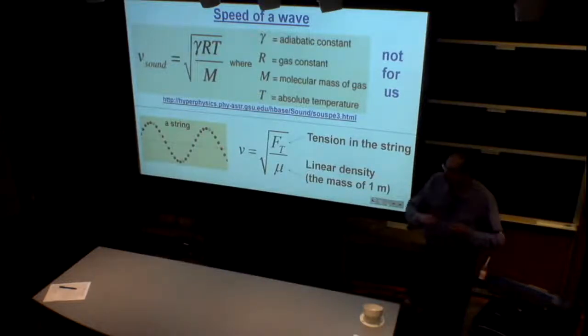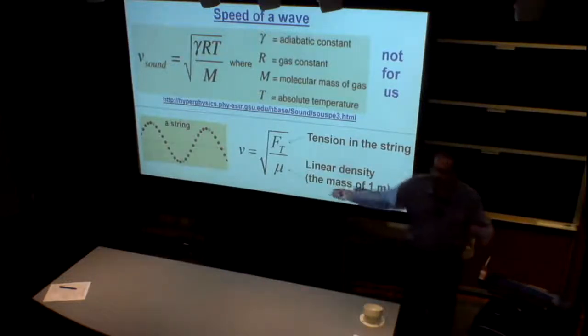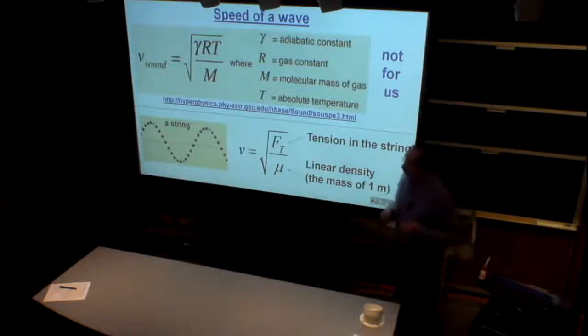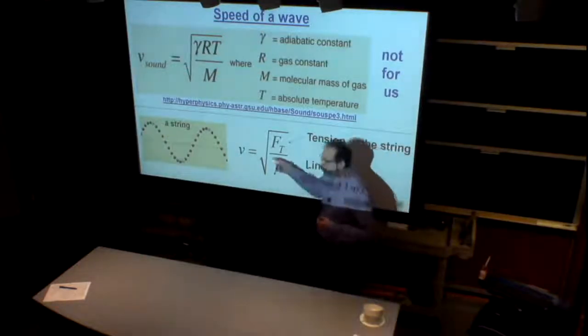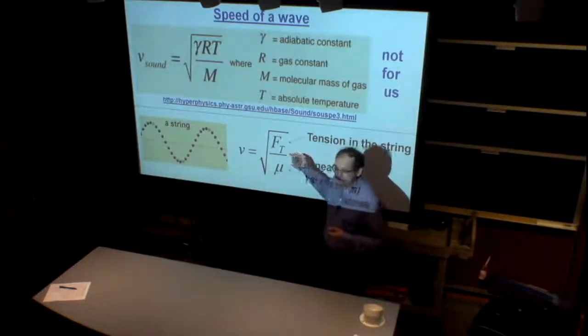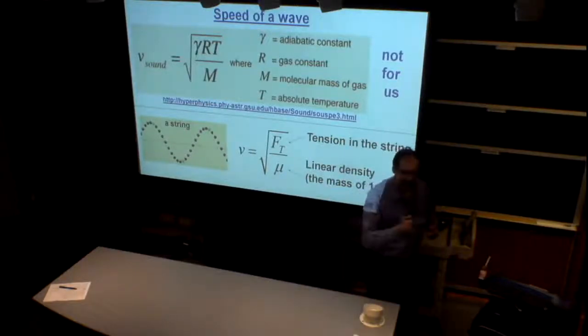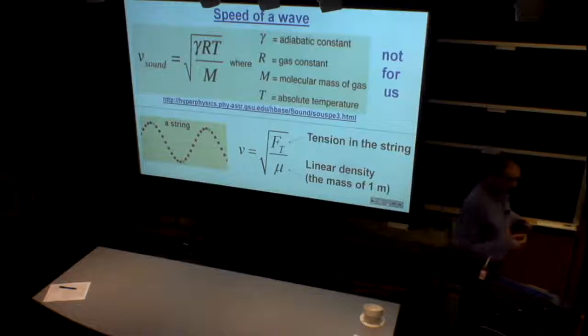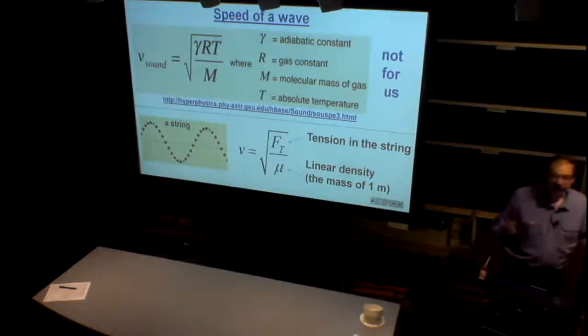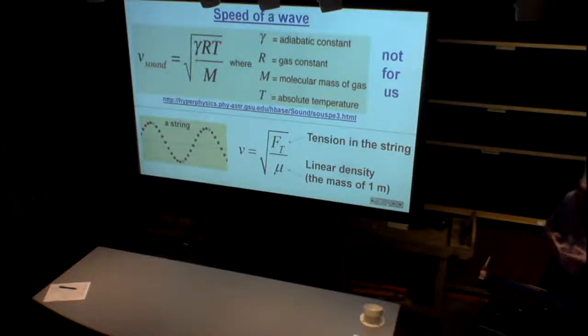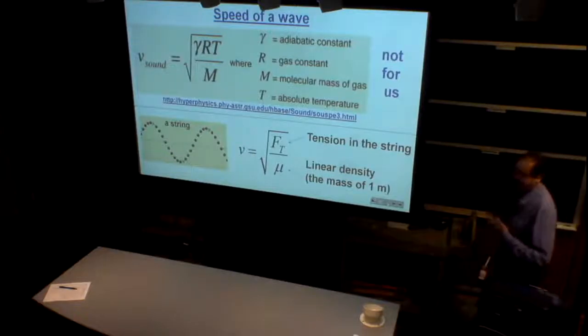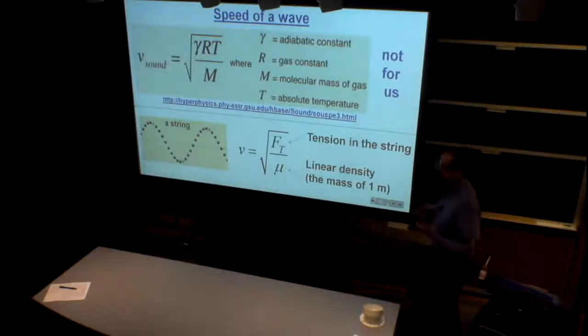But if we have a string or a spring stretched, in that case, the speed of the wave is related to the tension. The higher the tension is, the faster particles interact and the faster the wave travels. But again, the heavier it is, the more inertial.